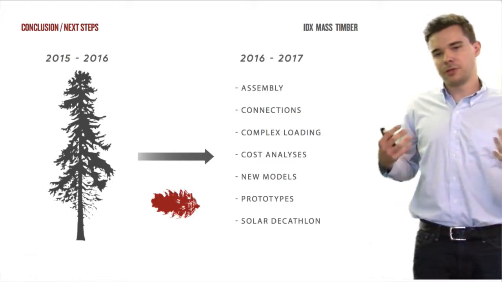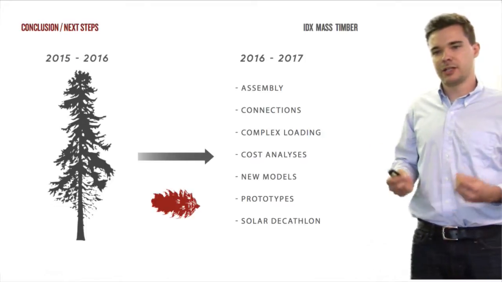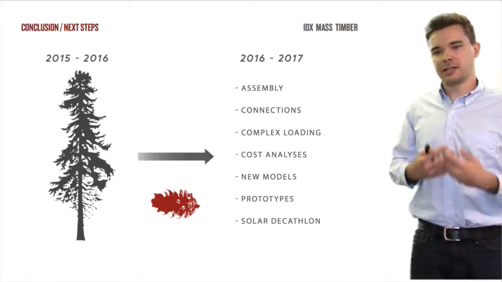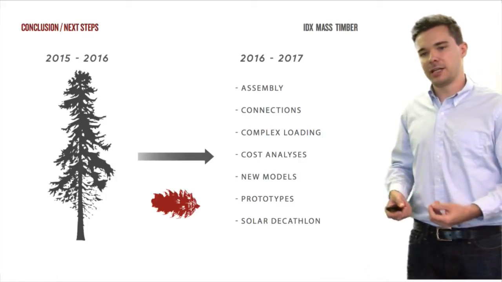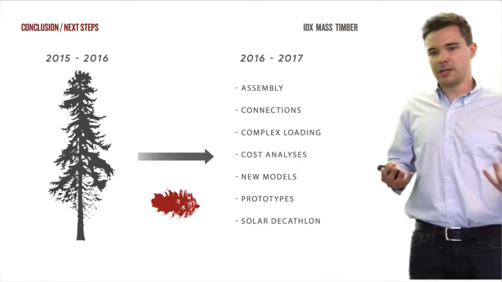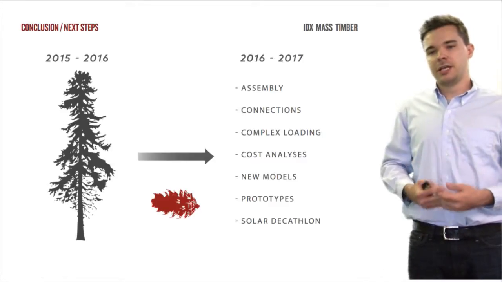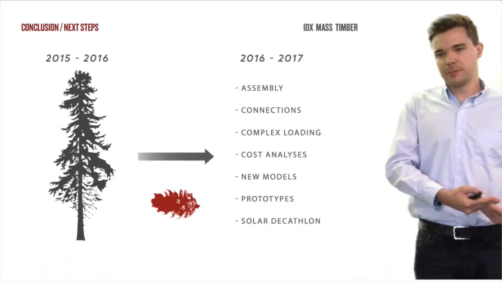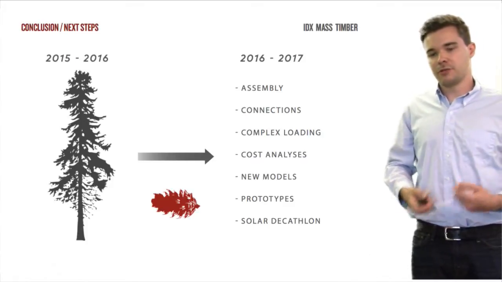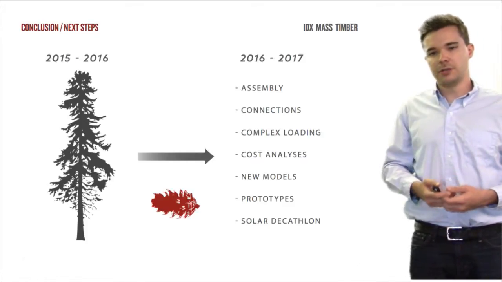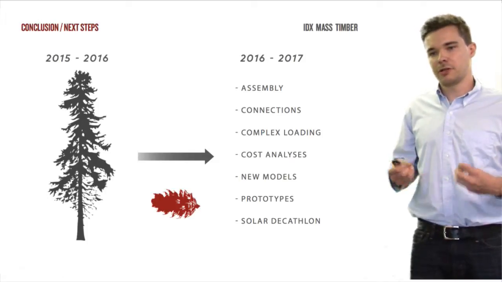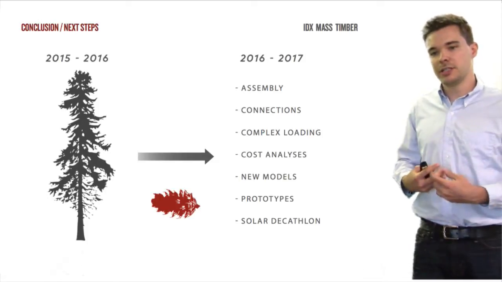So what we're doing is compiling all this information and making a concise report for them as a reference, and I like to think of that as a seed that we're planting for them to grow and start their own new fresh projects. What they are going to be doing next year that you will have the pleasure of watching is they're going to start focusing on the assembly level of these buildings, so the connections and some of the complex loadings that are going into all the various components in these buildings.